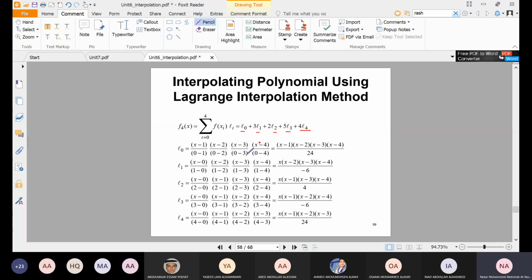Okay, so after that I will get this term. For L1, I have x minus x0, x minus x2, x minus x3, x minus x4, over x1 minus x0, x1 minus x2, x1 minus x3, x1 minus x4. The same thing we do for these terms.